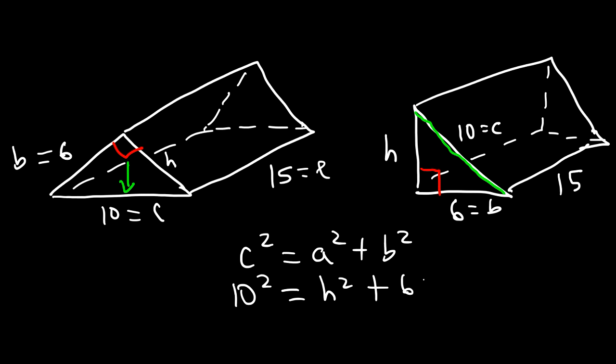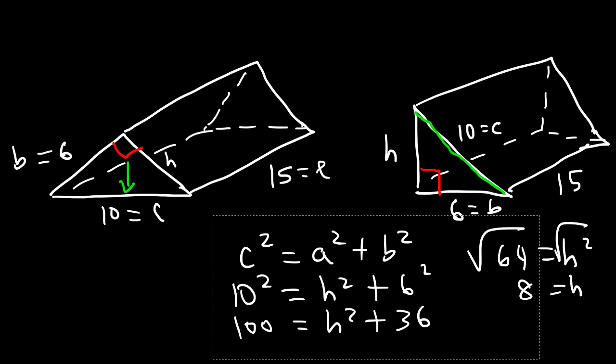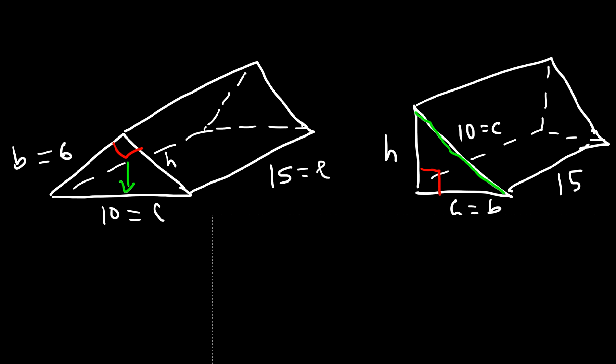And b squared is 6 squared. 10 squared is 100. 6 squared, that's 36. 100 minus 36 is 64. So 64 is equal to h squared. And if we take the square root of both sides, the square root of 64 is 8, which is h in this example. So the height is 8 units in length.